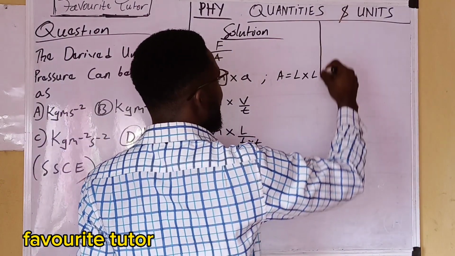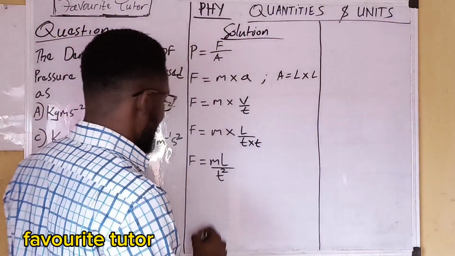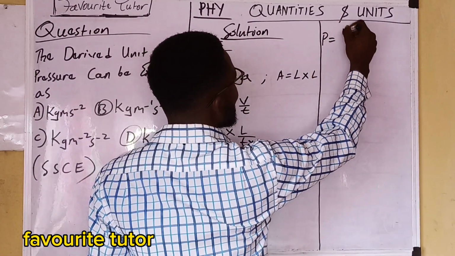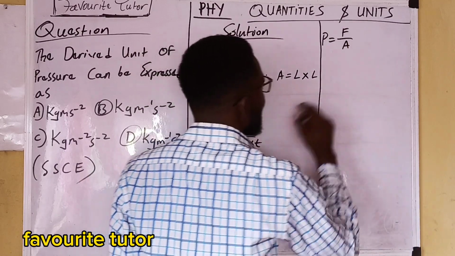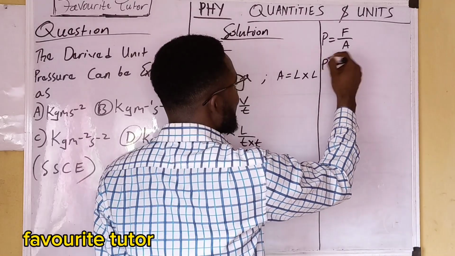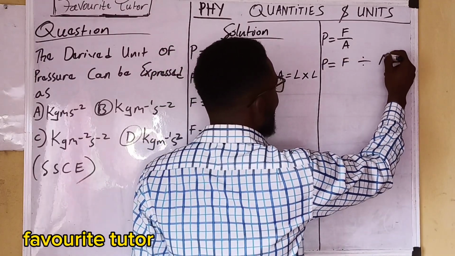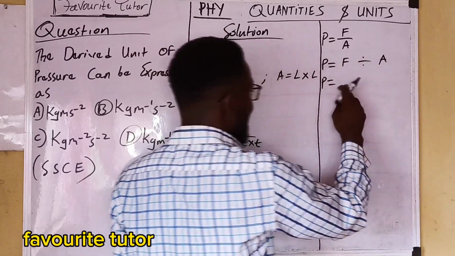So, but we know that pressure, let me start here. Pressure is force over area. So we have pressure equals force divided by area.